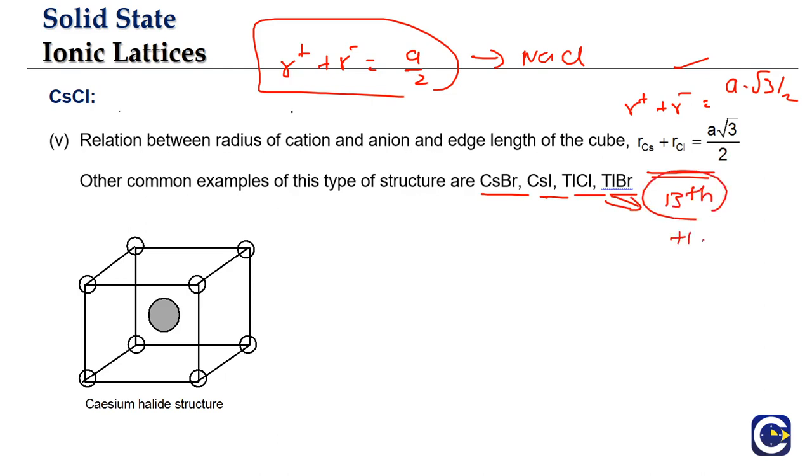Thallium +1 oxidation state is more stable than +3 because of what we call the inert pair effect. I hope you are able to recall this concept. So the thallium +1 oxidation state will be more stable. So cesium halides and thallium monohalides are examples of the cesium chloride type of salt.